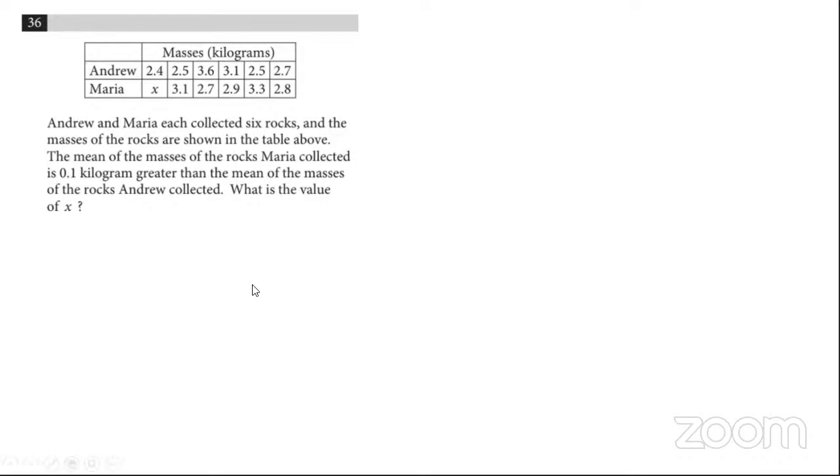So we'll first find the mean of the masses of the rocks Andrew collected. Basically, it's 2.4 plus 2.5 plus 3.6 up to 2.7 divided by 6.